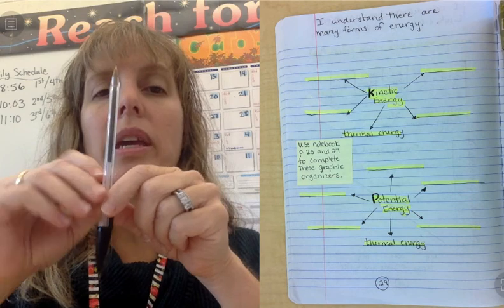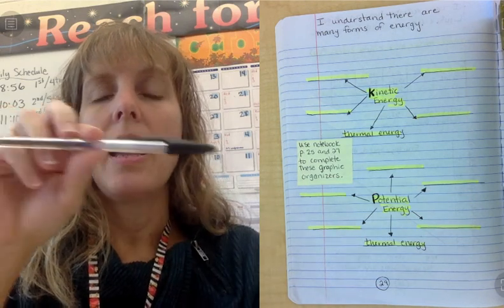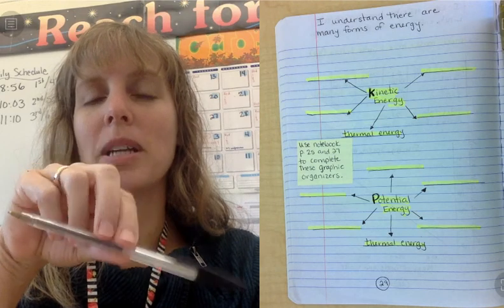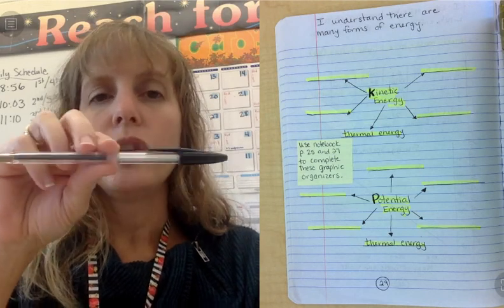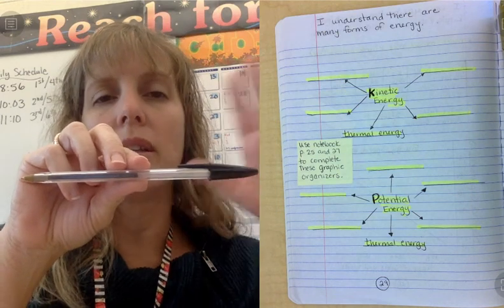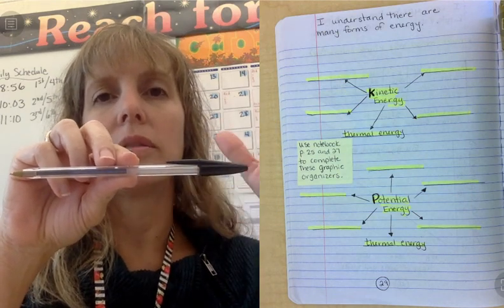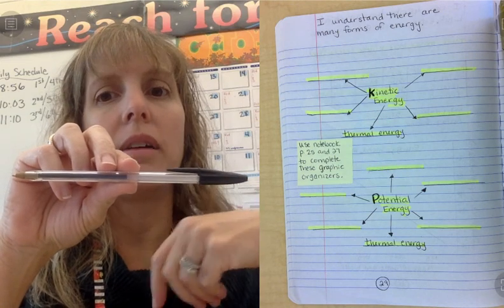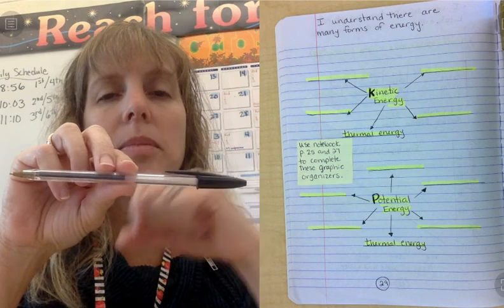But now here is my pen, and if I drop it, it has potential energy, right? If I drop it, it's going to cause friction in the air. Even though you can't see these molecules, they're here. We just took a big breath and that moved our air, right? So air has molecules in it too.